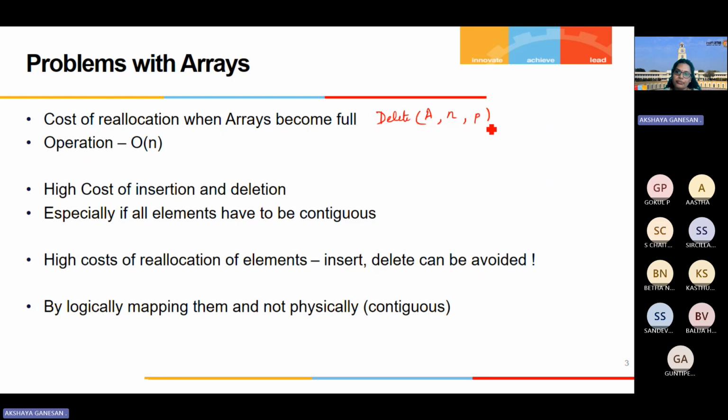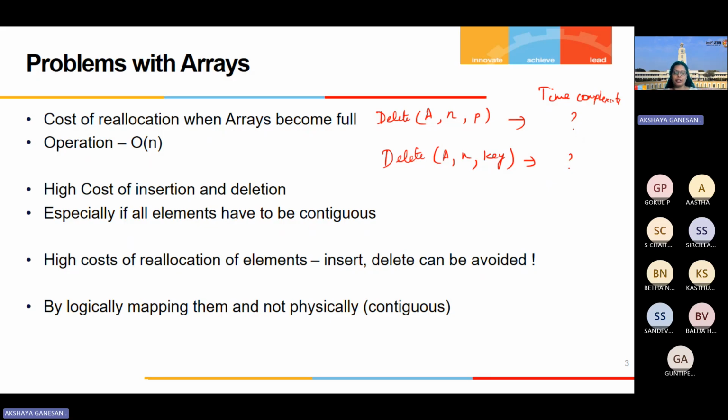And delete of A, n, the key. You tell me the time differences. Find out the time complexity for both of them.